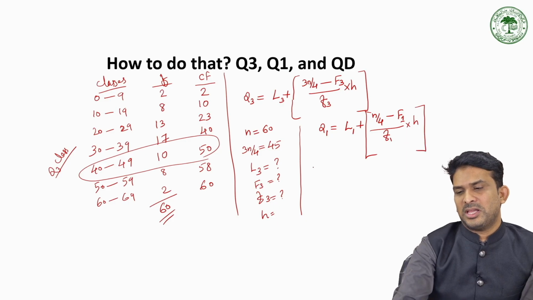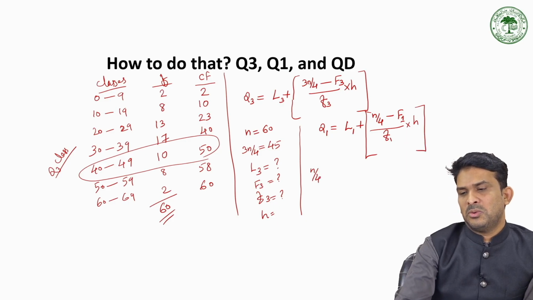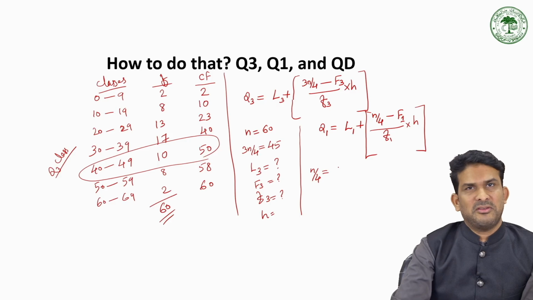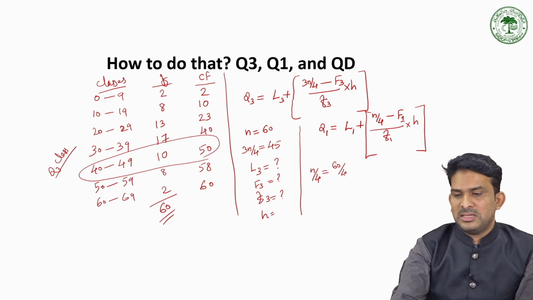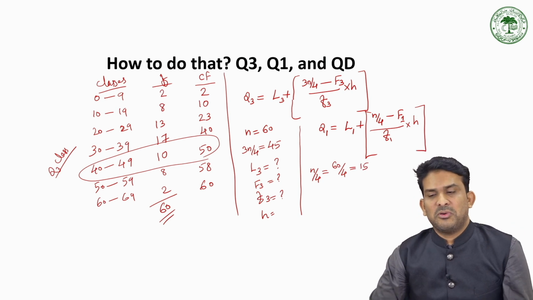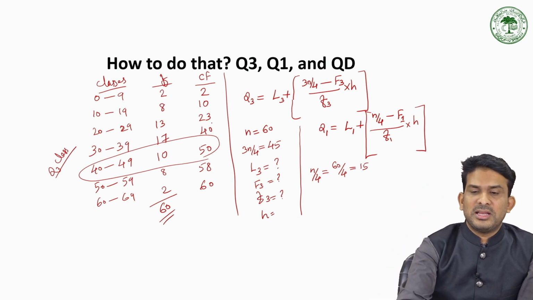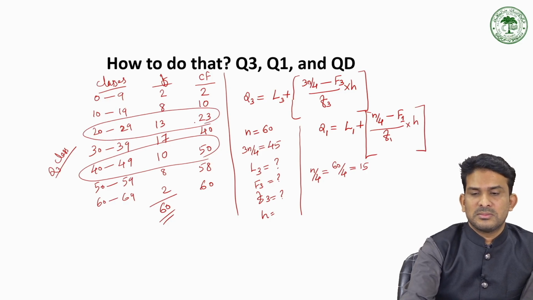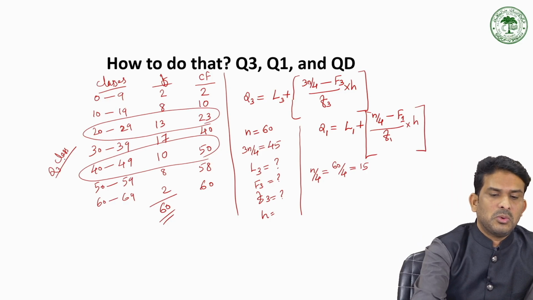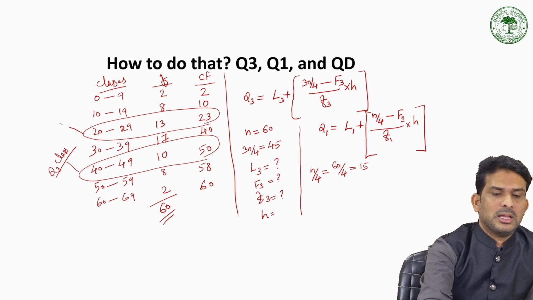So the identification is the Q1 class. What is n by 4? N is 60. 60 by 4 is 15. Where does 15 come in cumulative frequency? Yes, this class is the Q1 class, right? This is Q3 and this is the Q1 class.